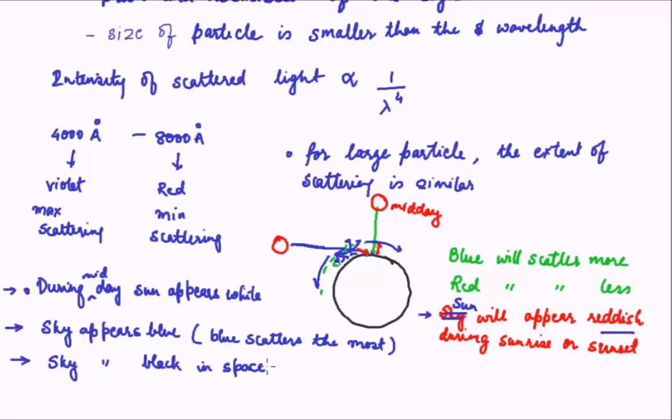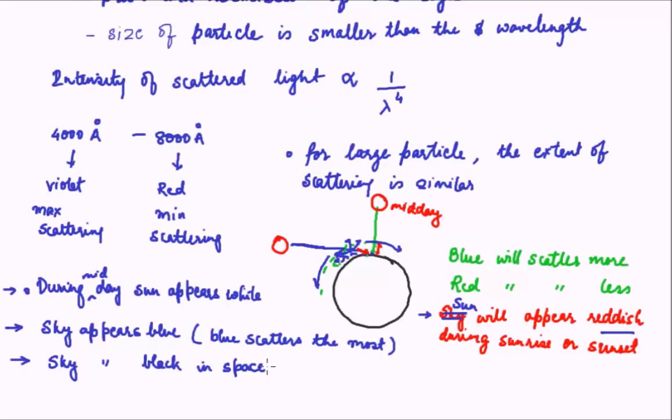Sky appears blue since blue scatters the most. When I say blue scatters the most, it includes the range that is blue, violet and indigo. So you can understand that.